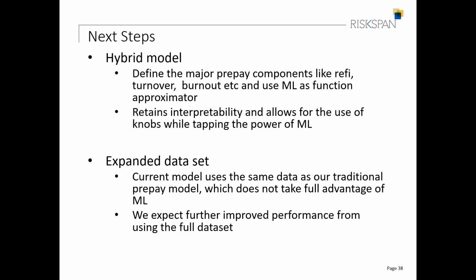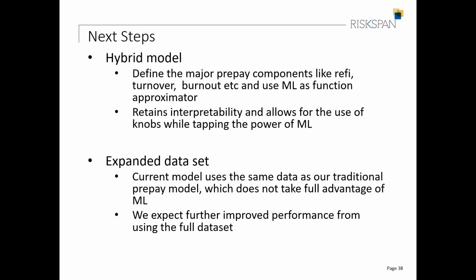And then at the top, we make a few points about what we're thinking about as this hybrid model approach. Right now, we're not explicitly modeling things like burnout. We feed components of what could be considered burnout into the model, and the neural net is, we think, figuring out how those things are affecting the CPR results.